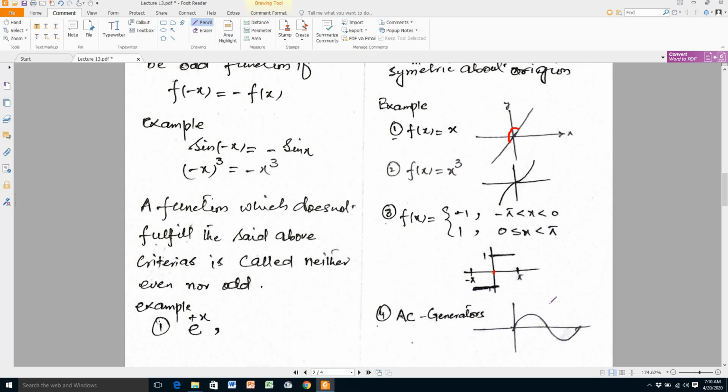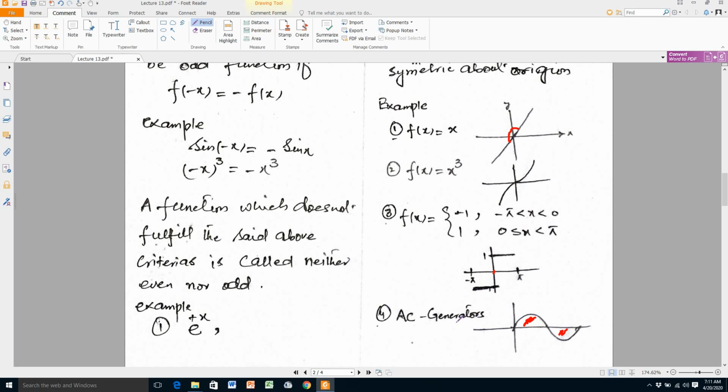So I take another example, that is AC generators. As you see here, it is a sine wave, a sinusoidal wave. Here this half is positive and this half is negative. But in a DC generator you see only the positive half appears; whenever the negative half would appear, it shows a zero value there.